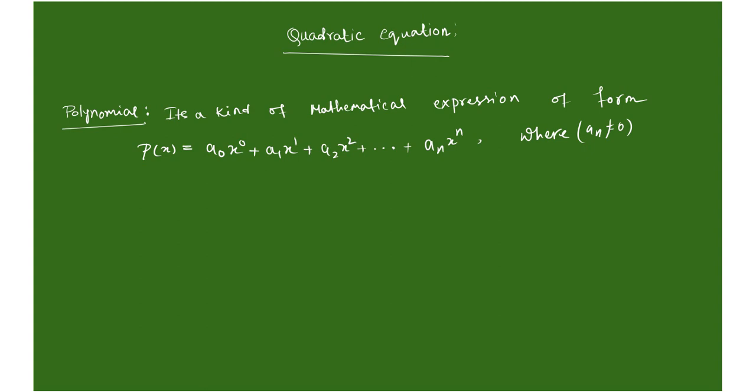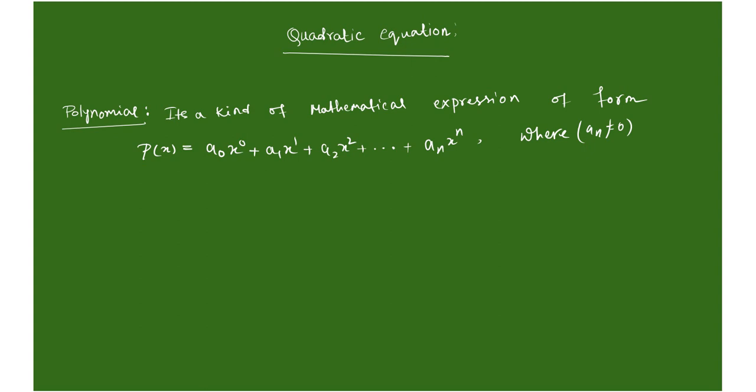If an is 0, then this part vanishes and it will not be a polynomial of degree n; its degree is decreased to n minus 1, right?